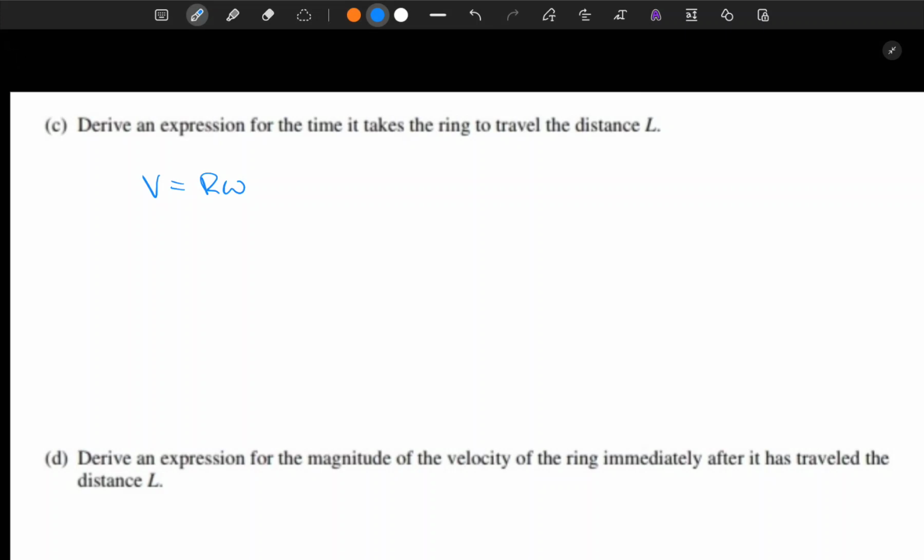So, the only linear velocity is from the rotation of the ring. So, what we find is that v of t is equal to r omega. And this is equal to v naught minus mu g t.